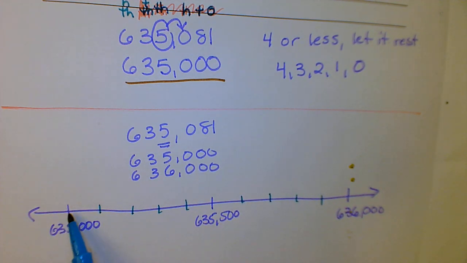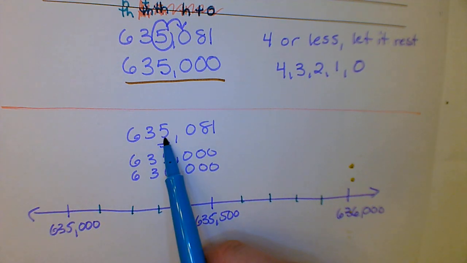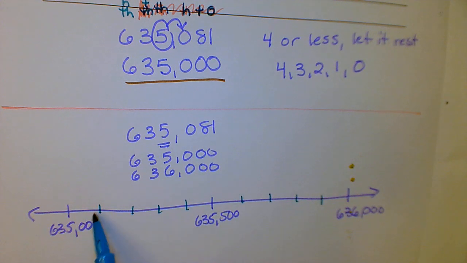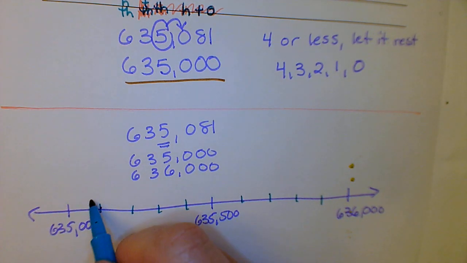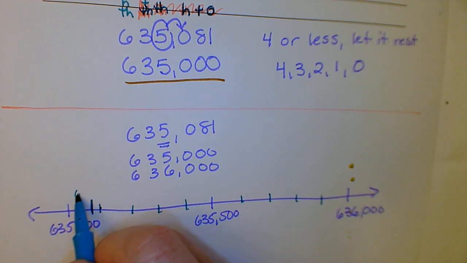So this is 635,000, this is 635,100, 635,200, 635,300, 635,400, etc. So 635,081 doesn't even have 100. It hasn't even made it to this first 100. It's actually going to be right about here.